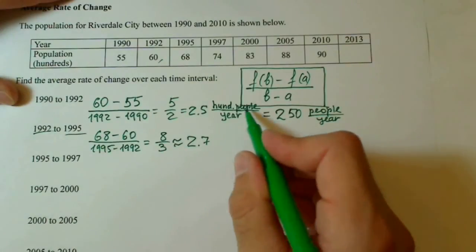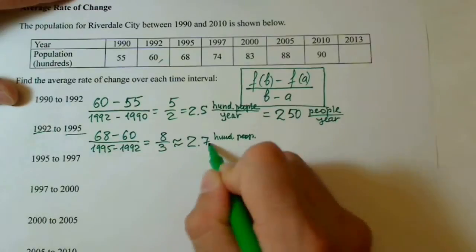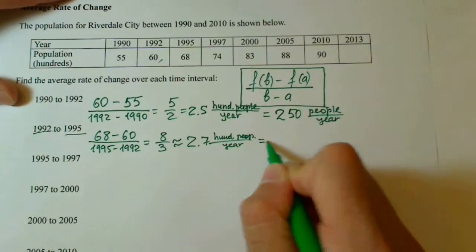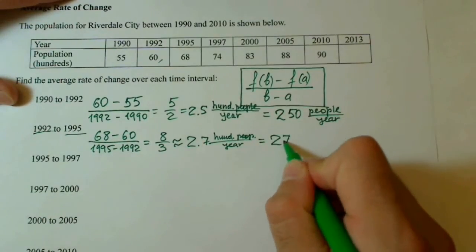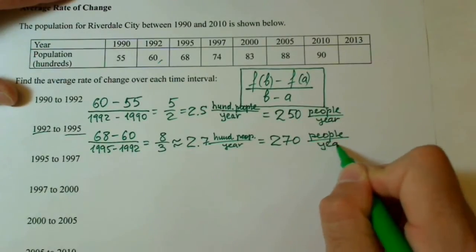Again, our units are hundreds of people per year. But what does this actually mean? It's again 270 people a year.